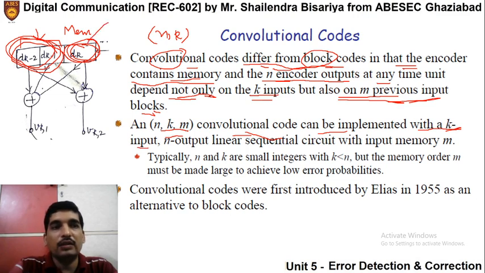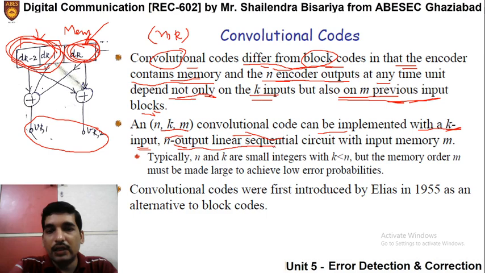You can see here, this is the k input. For this case, we have taken k equal to 1. Here, you can see that two outputs we have taken, so n is 2, right? M means these stored bits. How many memory elements, previous bits we are using, with input memory m.